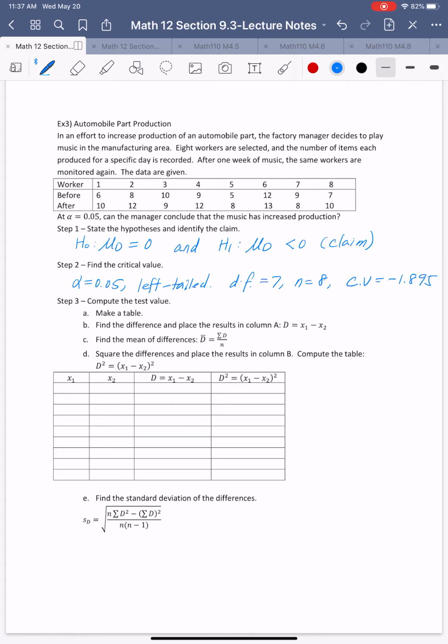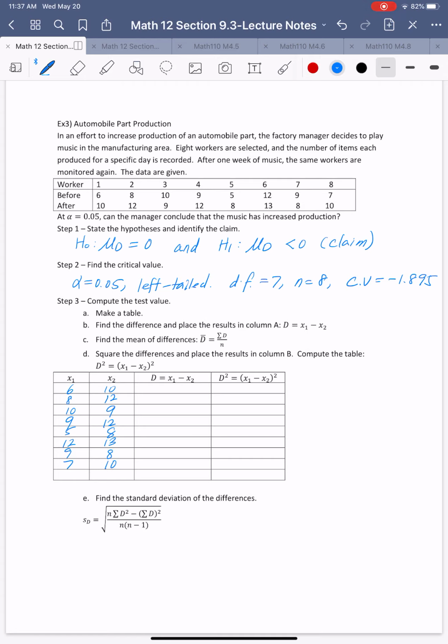And then step 3, we need to make a table, find the differences and place the results in D. So I'm going to write all the data: before 6, 8, 10, 9, 5, 12, 12, after 10, 12, 9, 12, 8, 13, 8.